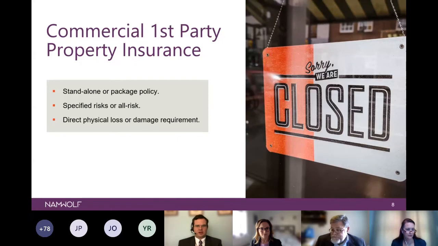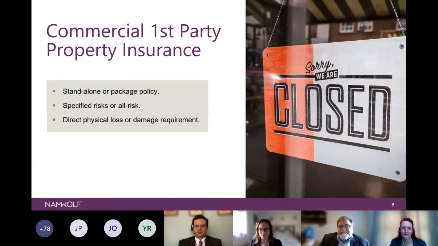There are a couple different ways that different jurisdictions handle this sort of broad question of whether there's been a direct physical loss. But in general terms, it requires a distinct, demonstrable physical alteration of property for there to be a direct physical loss.